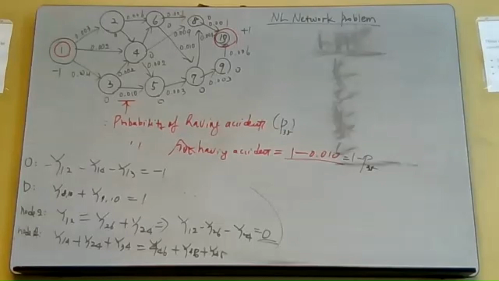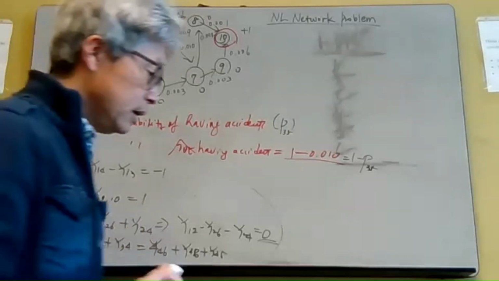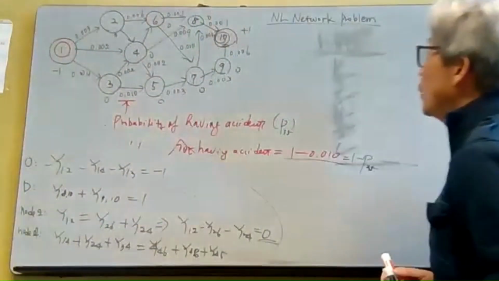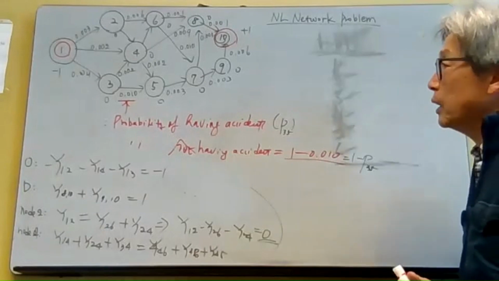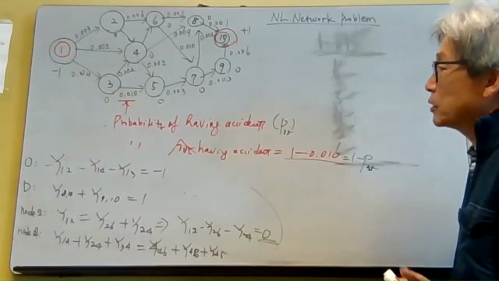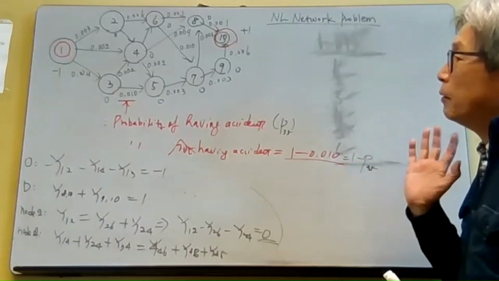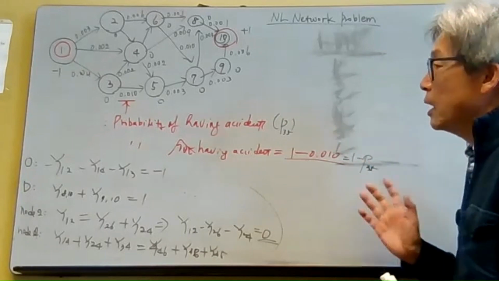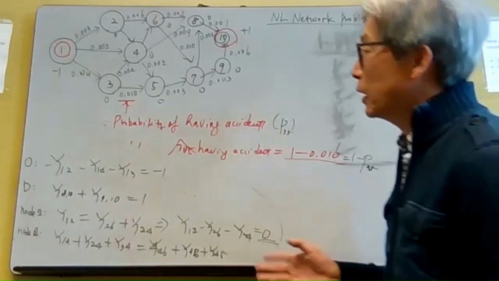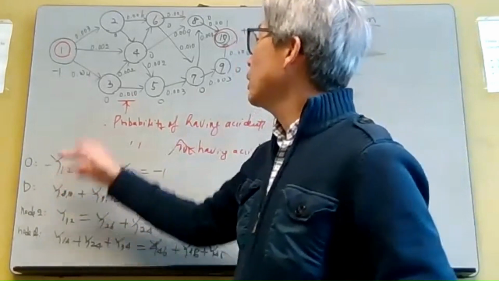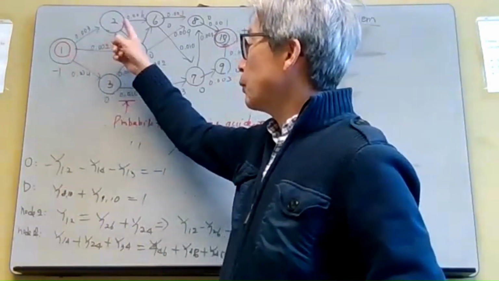Now, let's see what our objective function is. Before writing the objective function, I was asking what the decision variables are. We already mentioned that if we select 1 to 2, it's going to be 1 or 0.